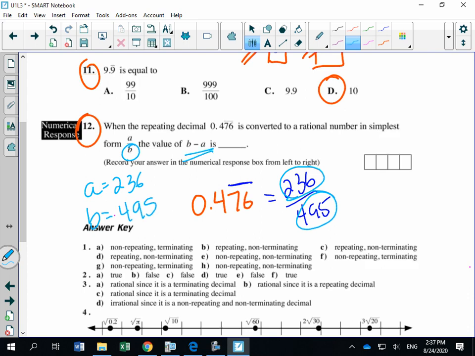So they want to know my b value minus my a value. So 495 minus 236. Take a minute, punch that into your calculator. So let's see, 495 minus 236, you should get 259 is your correct answer. Okay? And that concludes lesson 3.